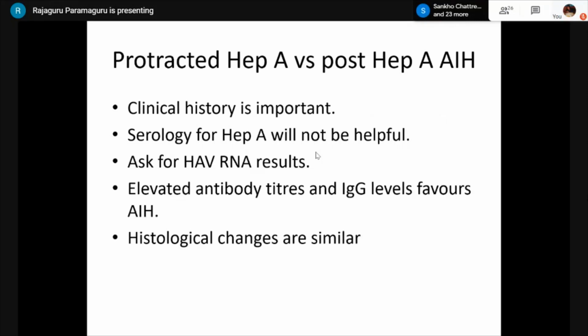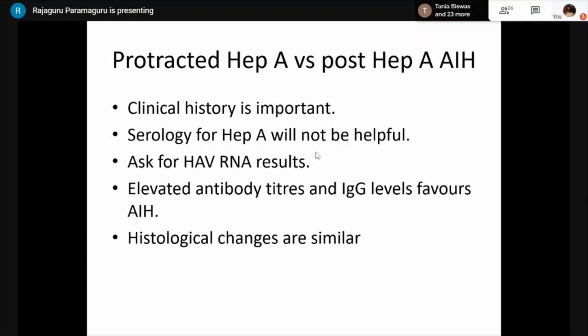Then the challenge is differentiating a protracted hepatitis A infection versus a post hepatitis A viral acute autoimmune hepatitis. So it is a known fact that after an episode of hepatitis A virus infection, the patient can develop autoimmune hepatitis because of certain triggers.